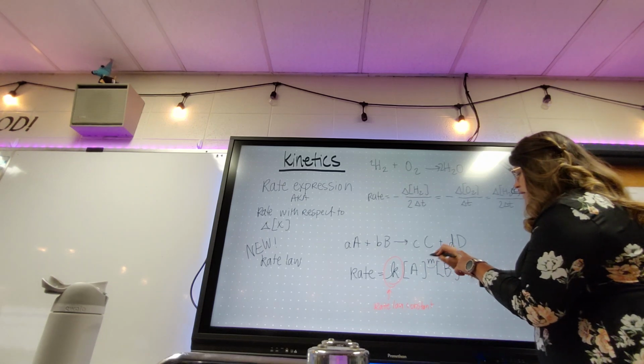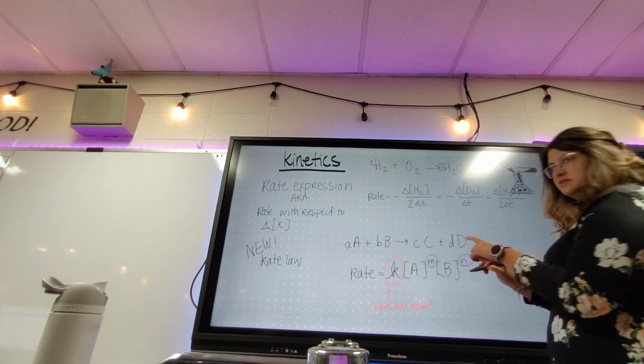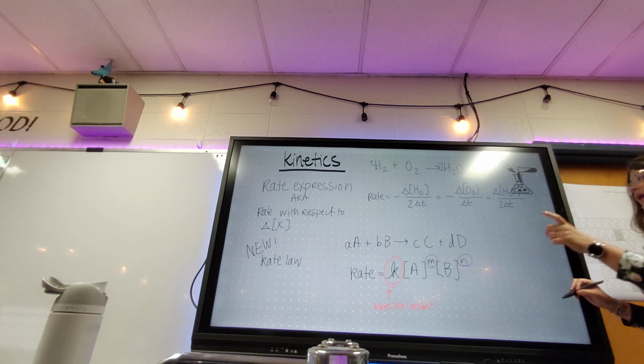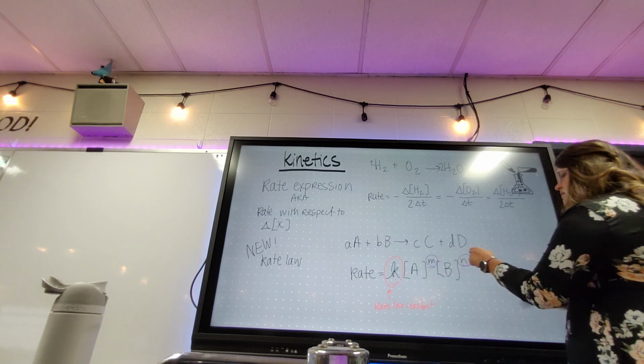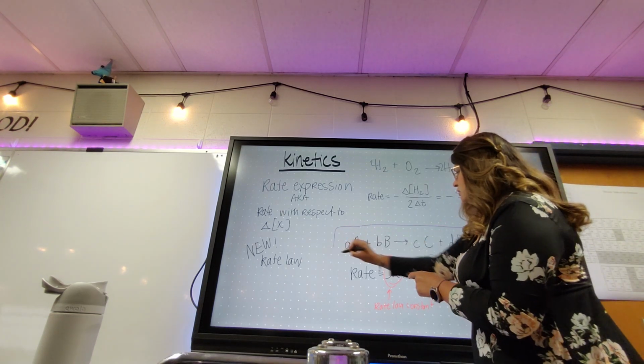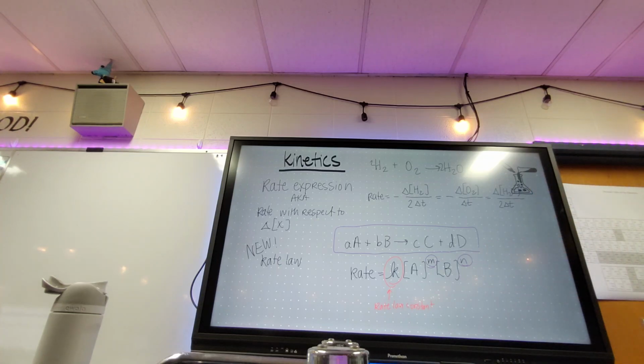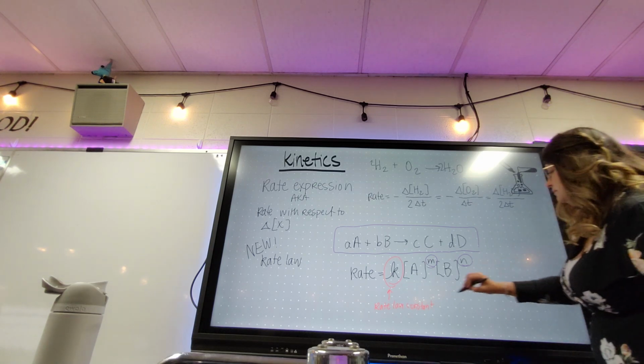Here we have m and n, and they are both exponents. So we'll go over a little bit to remind us about exponents in a little bit. But notice how in your pretend chemical equation, there's no such thing as an m or an n anywhere. So where do these exponents come from?